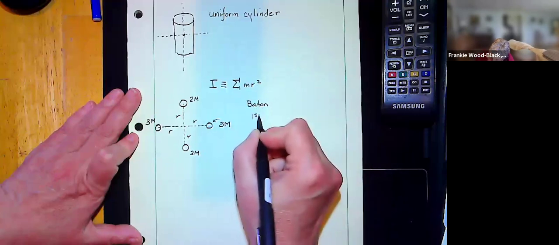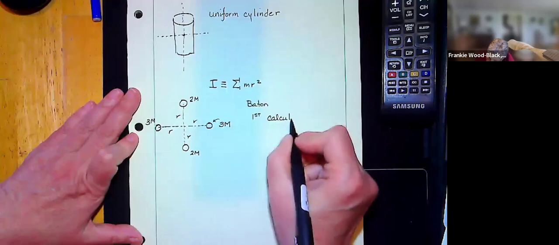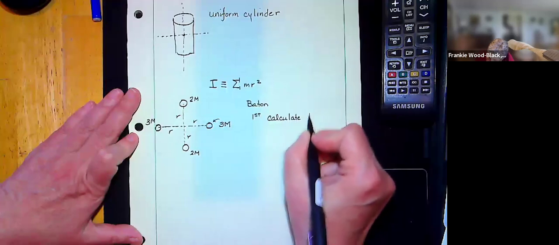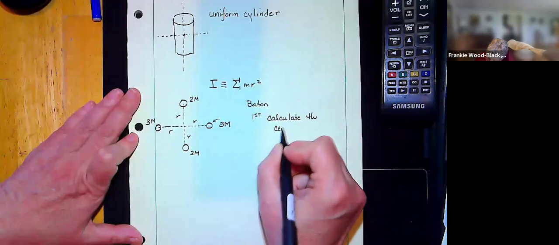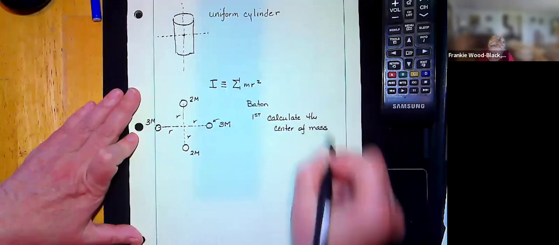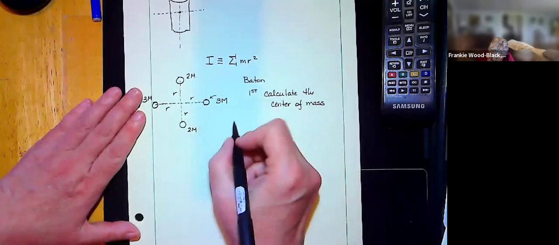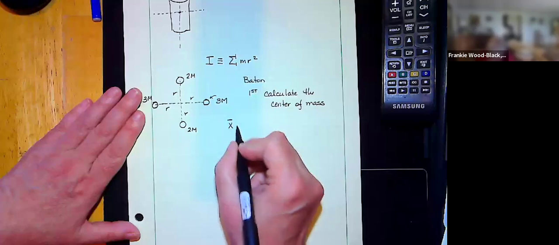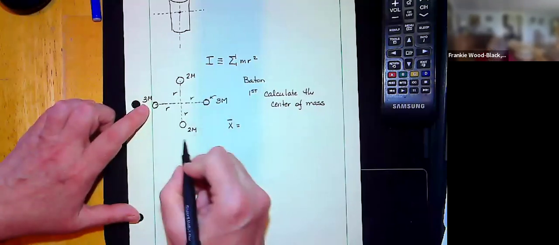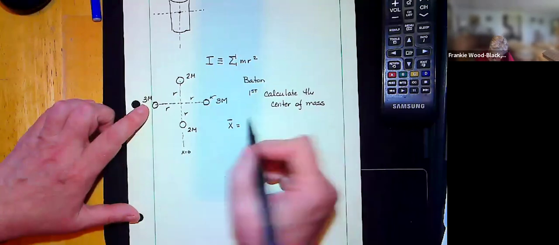So first, let's calculate the center of mass. For my x position, we're going to make x equal to 0 right here.